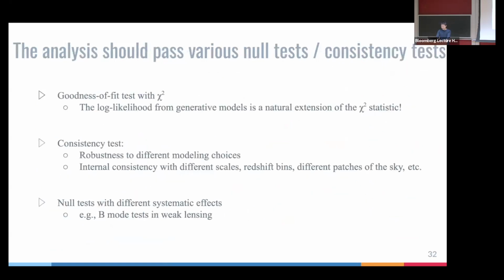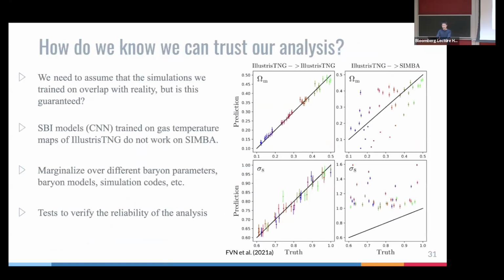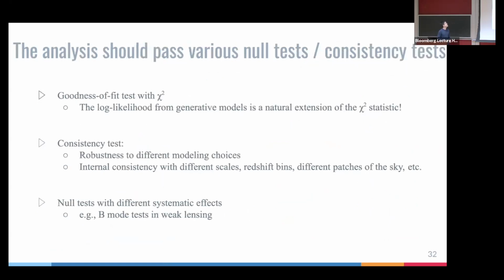Yes. So we need all these tests to know when we can trust our analysis. In the standard or traditional two-point analysis, people did all these different kinds of tests, like the goodness of fit test with the chi-square to check how well the model fits the data, and the consistency test, making sure that your results are robust to different modeling choices or different scale cuts or different redshift bins.